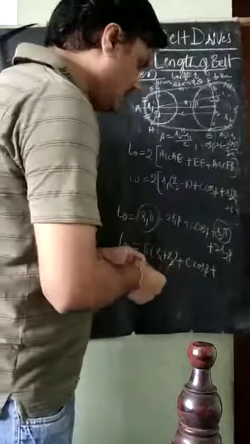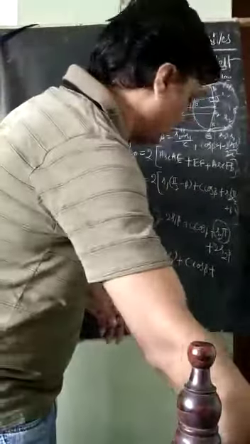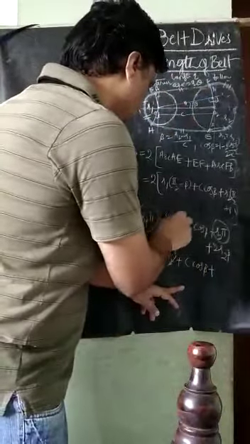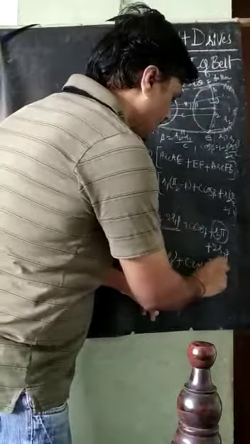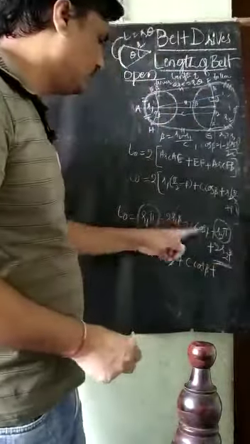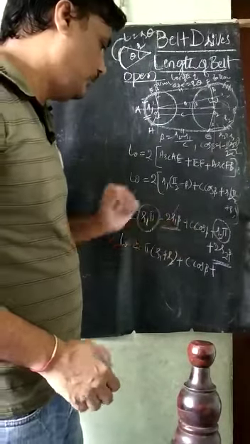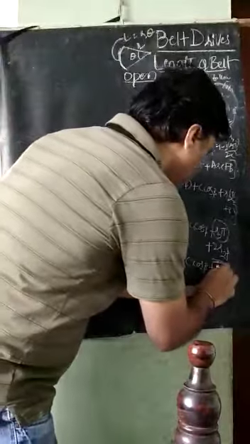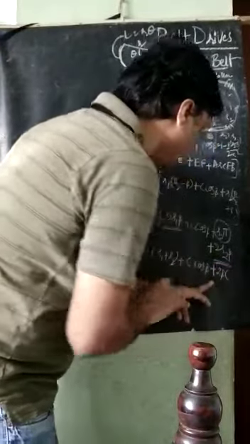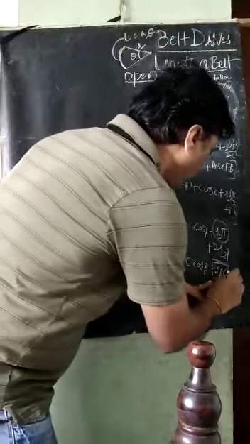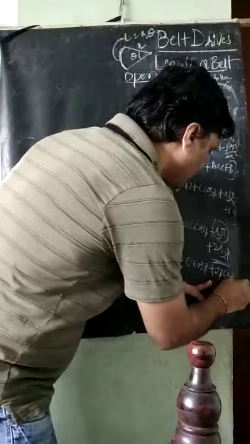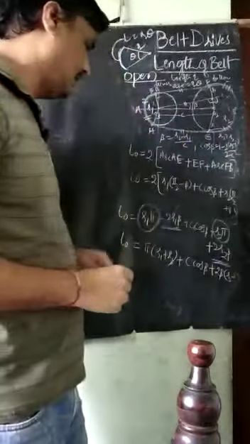Then again these two terms, this one and this one are the same here now. From these two terms I can take out 2 into beta. If I take out 2 beta, what is left here now? R2 minus R1. So that is what I am getting in this case.